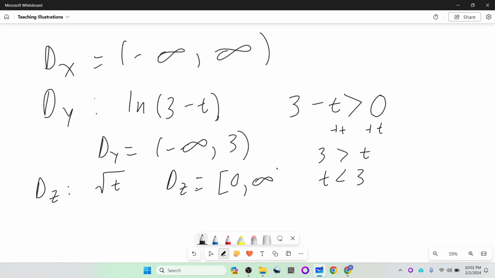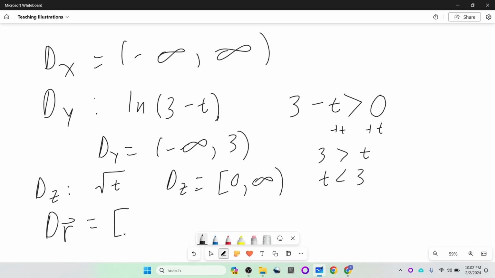And include the 0 because square root of 0 is just 0. So then the domain of the big function r is just whatever's in all 3 of these. So the domain of x is everything, the domain of y is everything up to 3, and the domain of z is everything greater than or equal to 0.